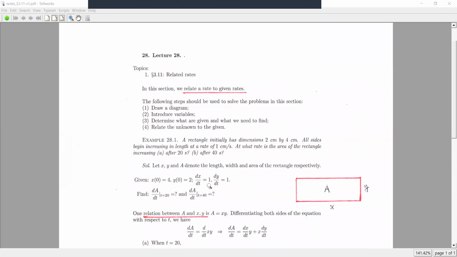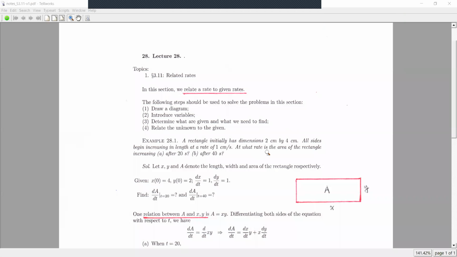In other words, derivative of x with respect to the time t is 1. The increasing rate of the width of the rectangle is 1. That is, derivative of y with respect to the time t is 1. These are all given to us.